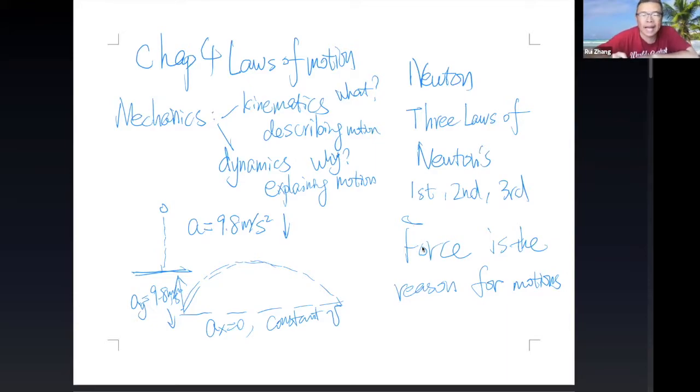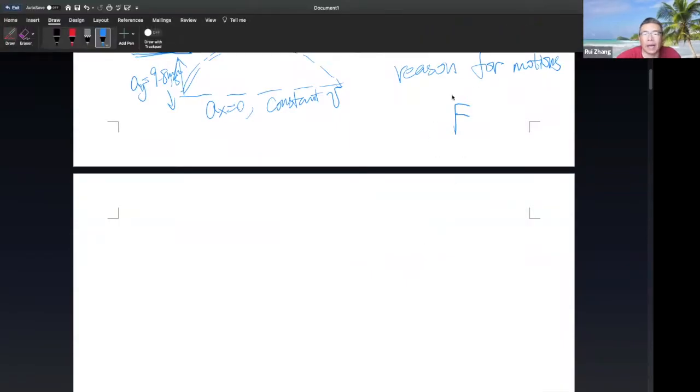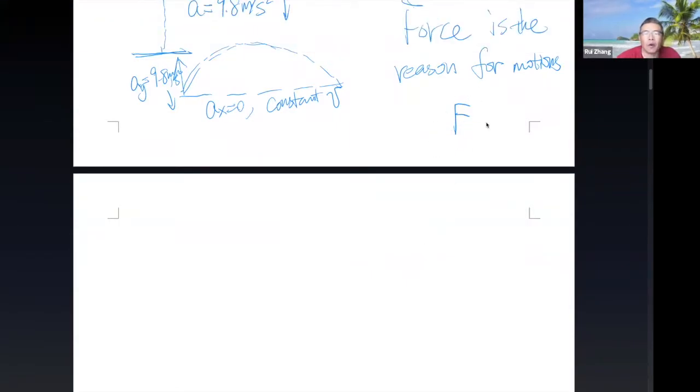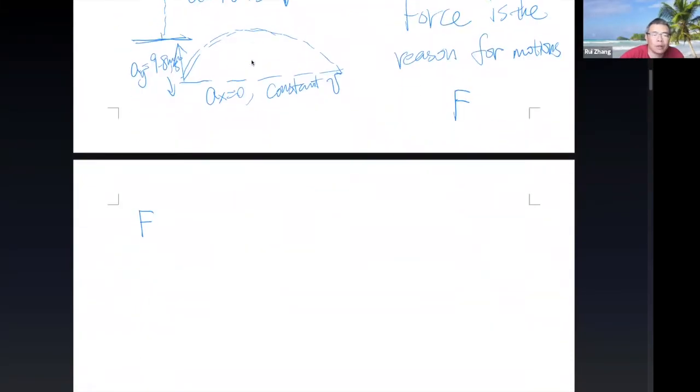What should we do exactly? Normally we use F for force. The next thing is we want to develop a mathematical formula that connects this force, which is a dynamical quantity, to the kinematic quantities we had before.